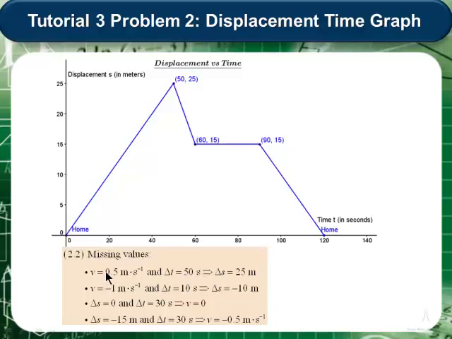Remember, velocity is delta s over delta t, so therefore delta s is velocity times delta t. Now 0.5 is a half, and a half times 50 is 25 meters. So that point there will have coordinates 50, 25.